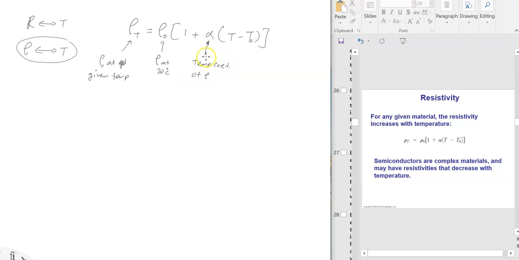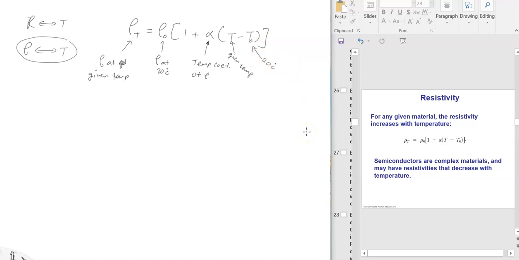This tells you how much it changes per 1 degree. Remember, we measure temperature in either Celsius or Kelvin. Here it's a difference, so it doesn't matter whether we use Celsius or Kelvin, but we can't use Fahrenheit. This T is the temperature we are interested in. Like if we want the resistivity at 50 Celsius, 50 goes here. T naught is the standard or room temperature, which is 20 Celsius.